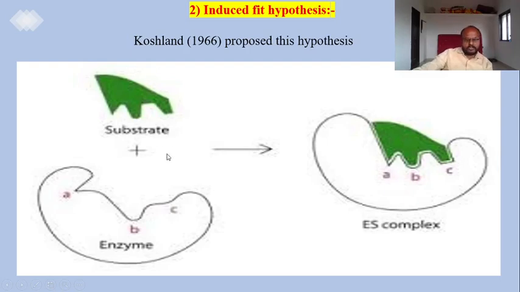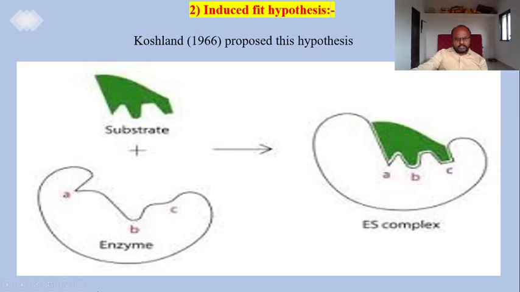So the substrate acts as a hand and the enzyme acts as a glove. Similarly, as a glove fits a small or a large hand, the substrate changes the structure or active site of the enzyme and fits into the enzyme.